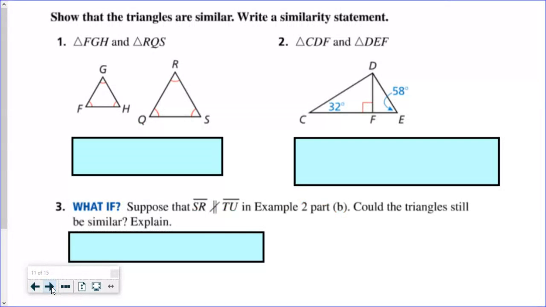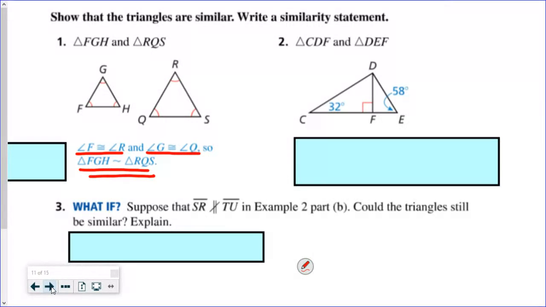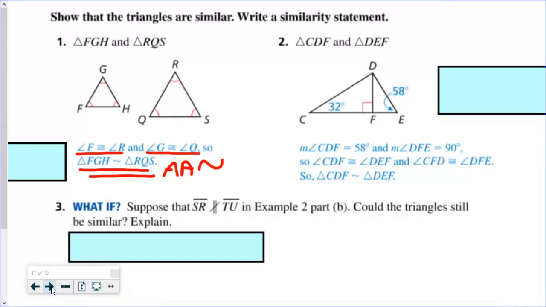Okay, write a similarity statement. Those are two triangles, so you're just going to give me a pair of angles that are congruent, give me another pair of angles congruent, give me a similarity statement, and say it's because of angle, angle, similar. Same thing over here. Again, find the missing angle measures, then tell me which match up.